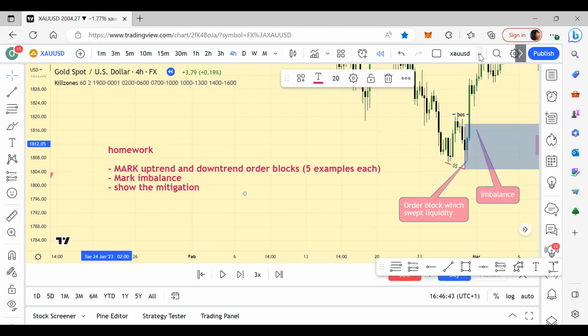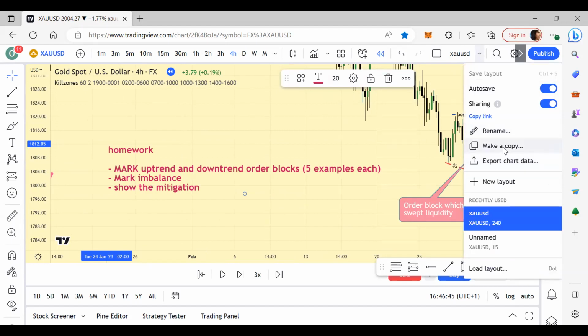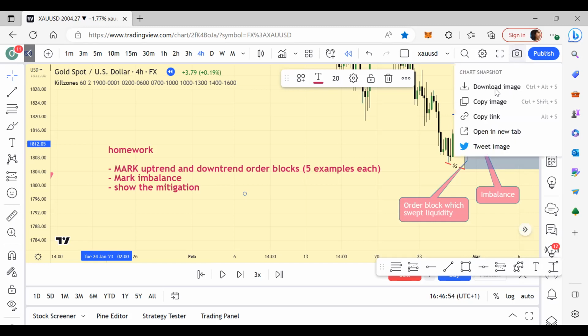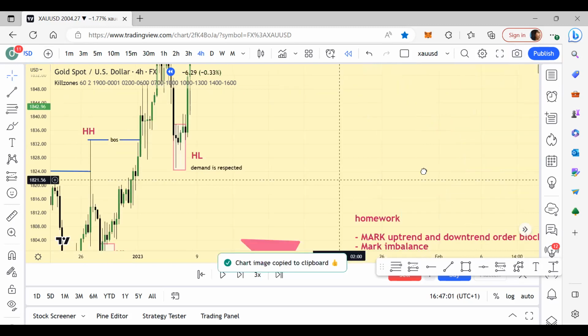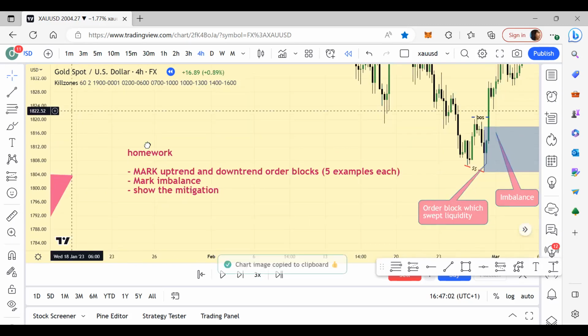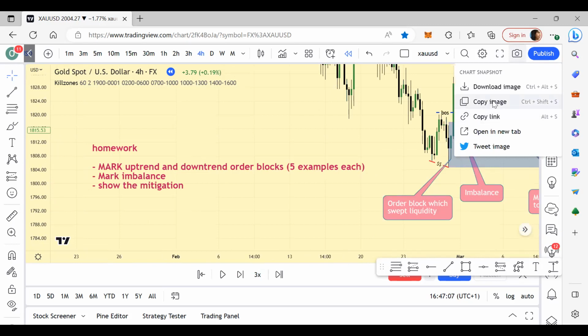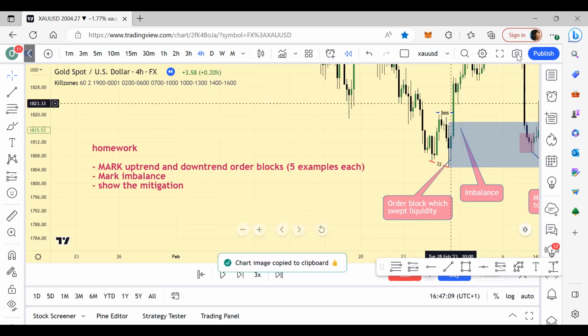How do you even screenshot here? You see this camera button, where it says take a snapshot? Click on it and click on copy image. Then you copy what you want to copy. I think it automatically copies it, doesn't it, Sam? Yes, it's automatically copied.